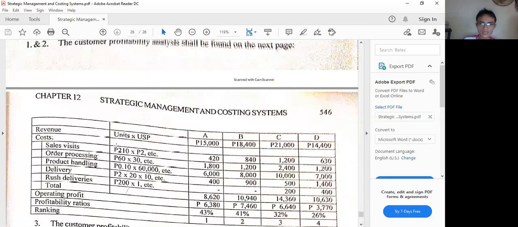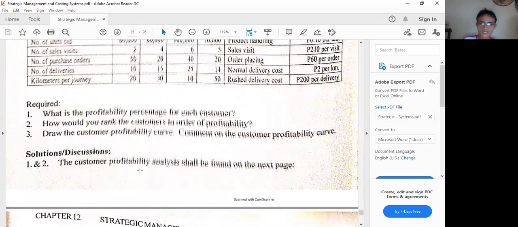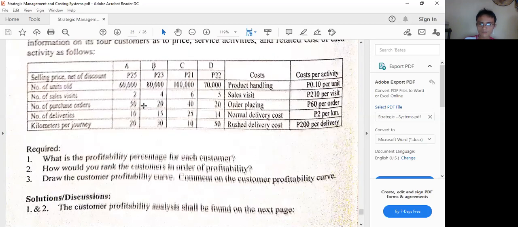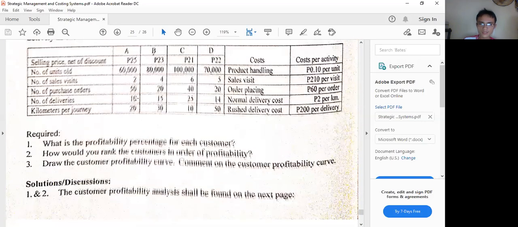For example, sales visits, we have for product A 2, times the cost per sales visit, of course, 210. Then this is 60 times, this is 30, I suppose, 30, right? 30. It's not clear though.